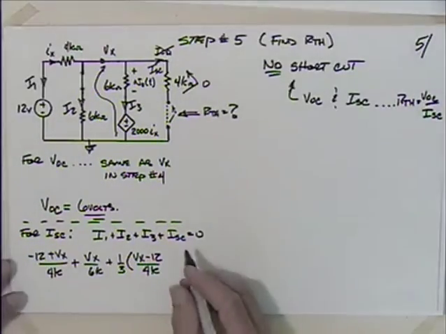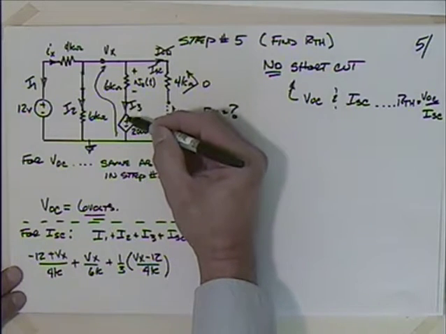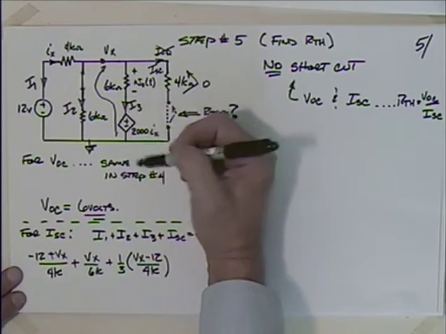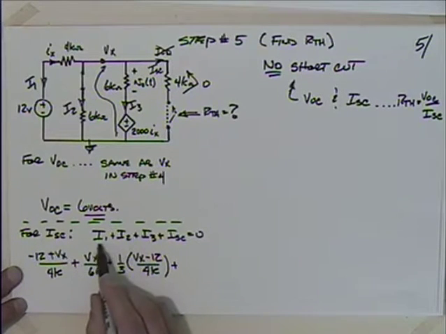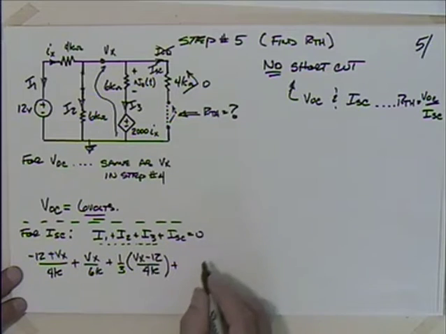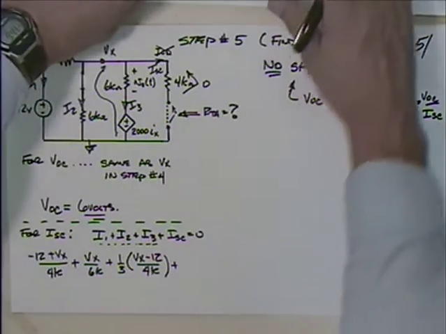Yeah. So these terms have been the same as ones we've been working in the past, plus I short circuit. I short circuit's the only one that's different. What's that? That's Vx over 4k, isn't it? Well, I guess I have to add to this one, don't I? Going back here.